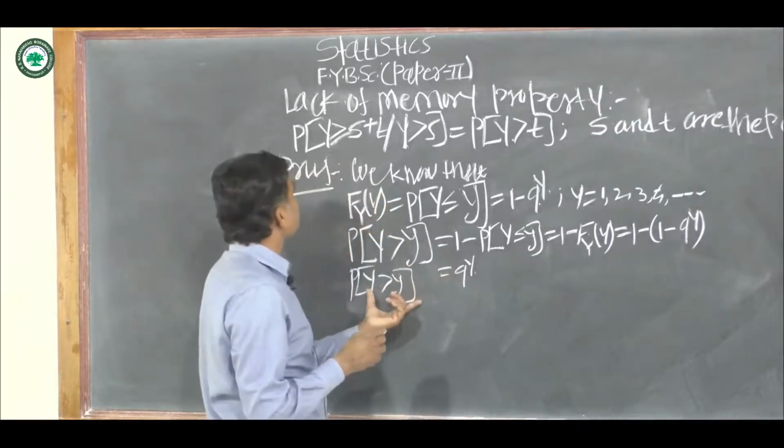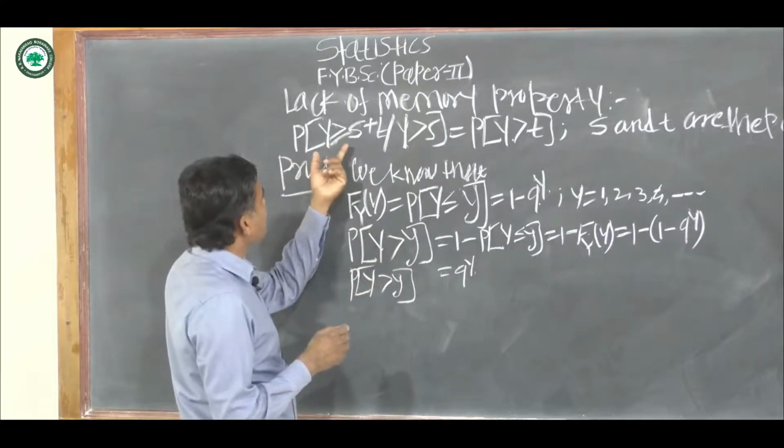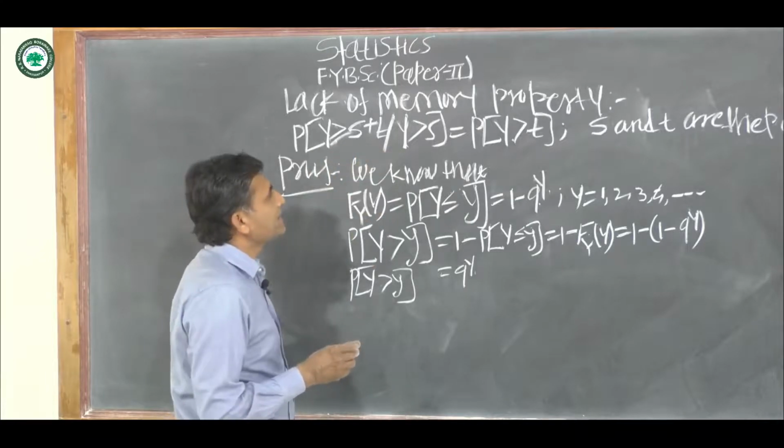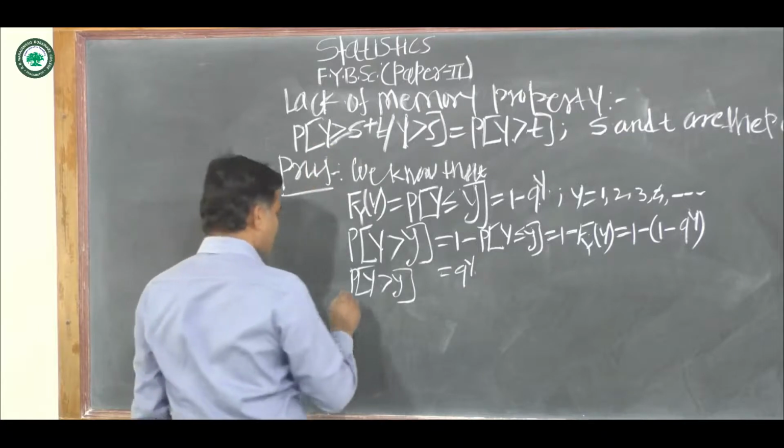Now using this we can find the probability of Y greater than s plus t, given Y greater than s. Now we consider the left hand side of this statement, okay.